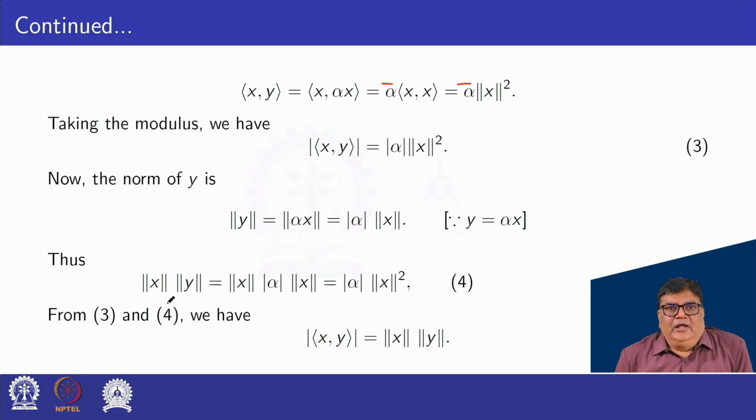Thus norm x into norm y equals norm x, and putting the value of norm y as mod alpha into norm x, that is mod alpha into norm x square. Equation 4. So from 3 and 4, we see that modulus of the inner product of xy equals norm of x into norm of y.